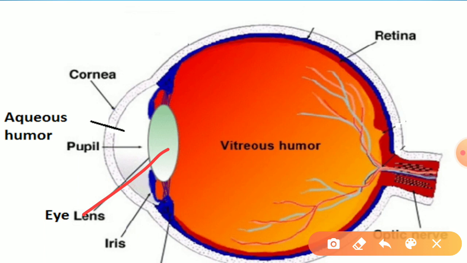A jelly-like liquid present between the eye lens and retina is known as vitreous humor. Retina is a thin membrane present on the rear side of our eyeball. It is just like a screen in a camera.